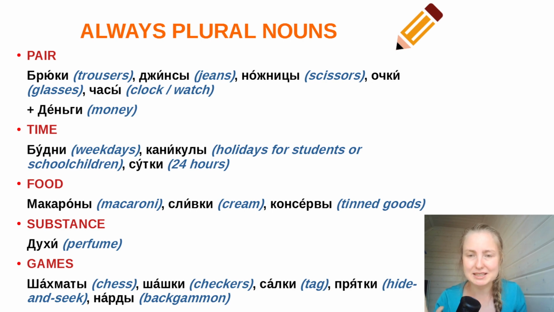And remember that the ending ы and the ending и in Russian show that there is a very high probability that in front of you is a plural form of the word. Not always, but I think in 96% of cases.